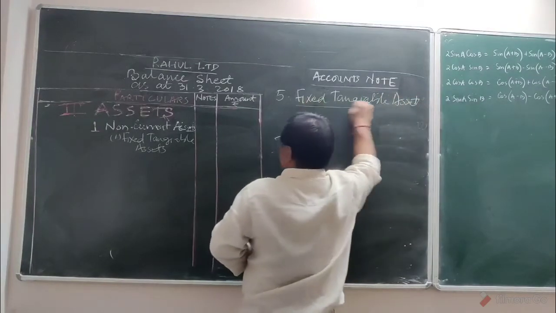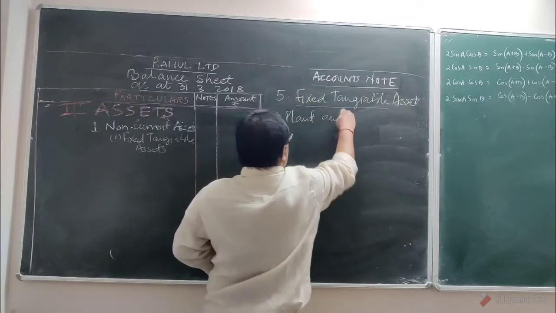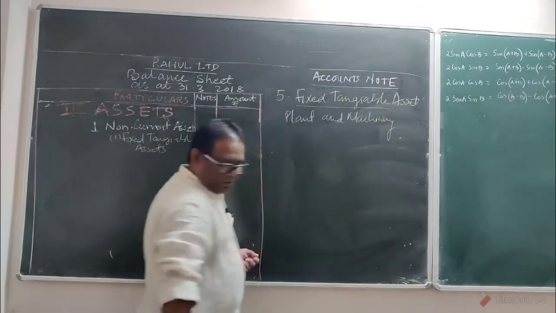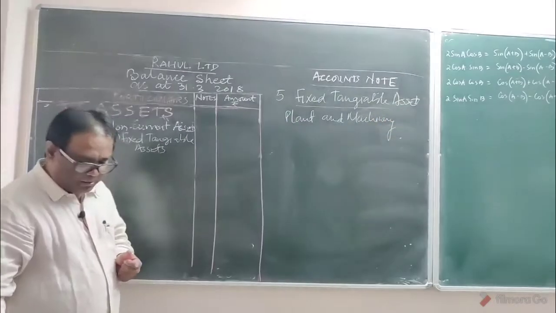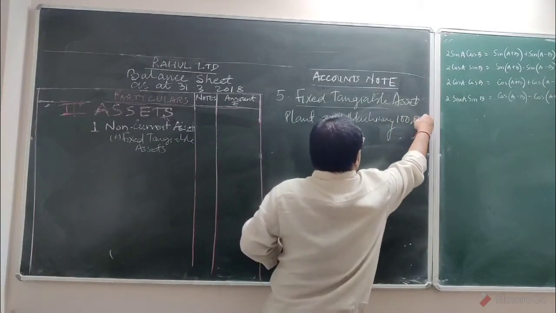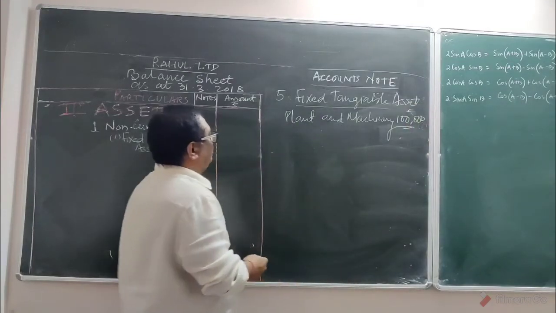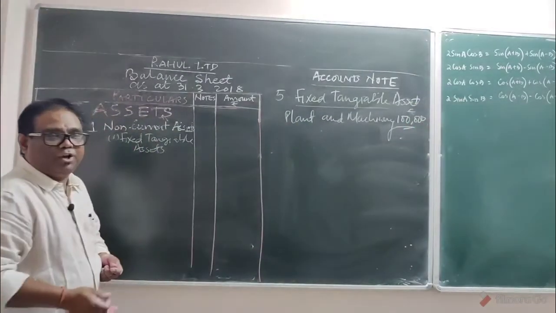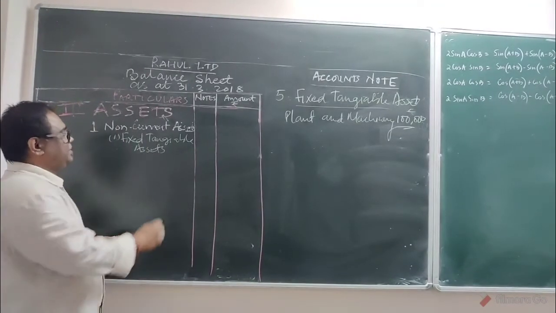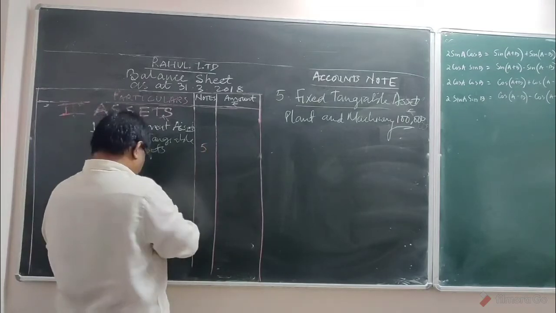The fixed tangible asset here is plant and machinery. The amount of plant and machinery is 1 lakh, rupees 1 lakh. If there were furniture, motor vehicle, building, land and building, all of these would come under the fixed tangible assets. So under account note number 5, we have 1 lakh.